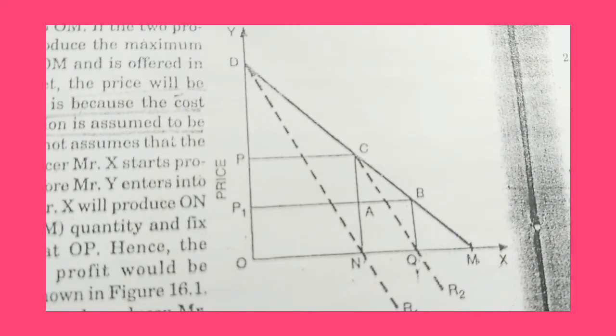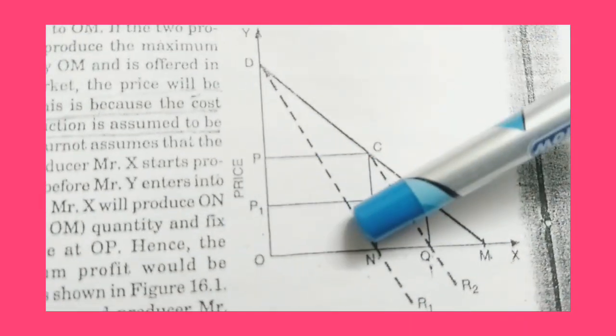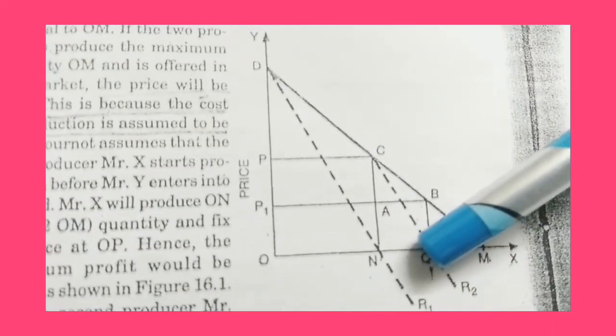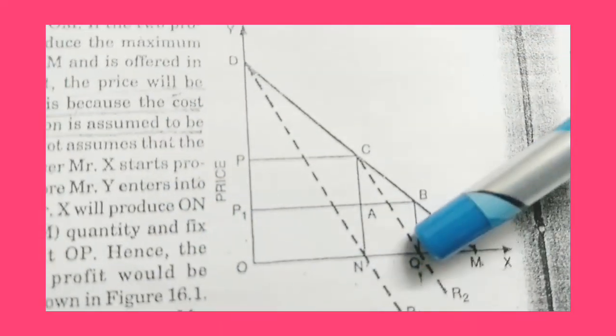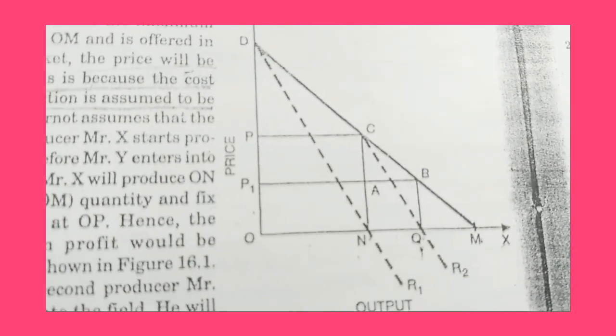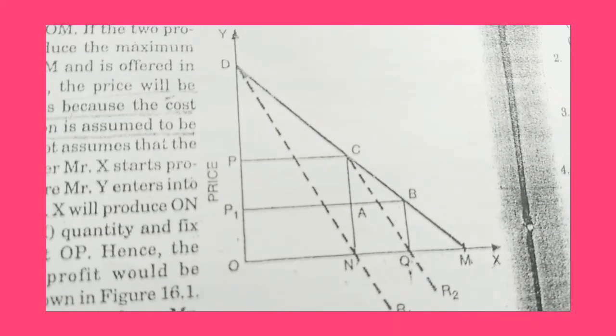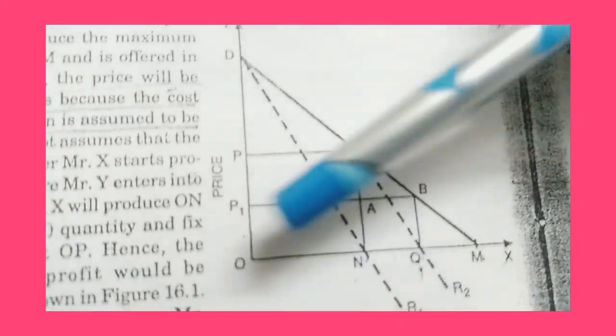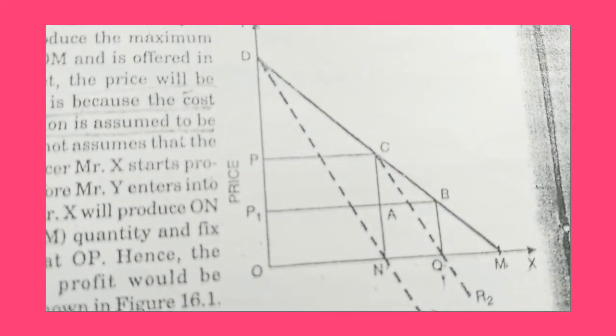Now the total output of the two sellers will be ON plus NQ, that is OQ. OQ is the total production of the two firms, which is 3/4 of the total output of the two springs, 3/4 of OM.